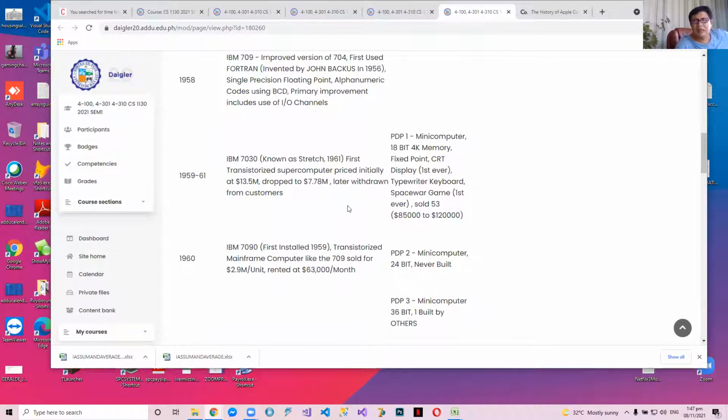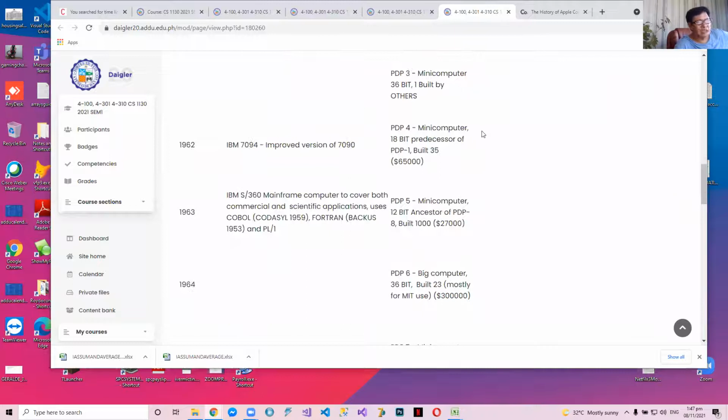the transistor was already introduced, so that IBM released a transistorized supercomputer. At the same time, DEC released their first PDP-1 and so on and so forth. So that's why you have the DEC PDP-1 programming language, which I have just shown you last meeting, and you're supposed to have an assignment on that.